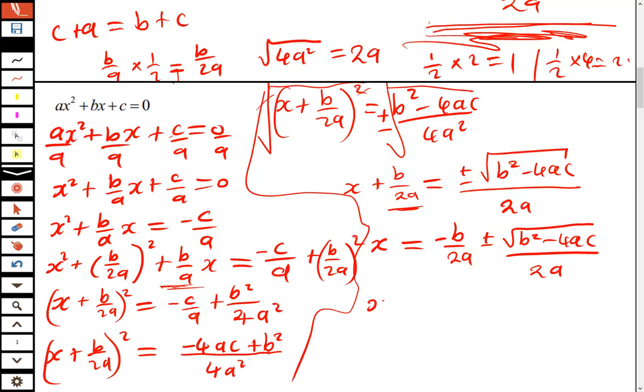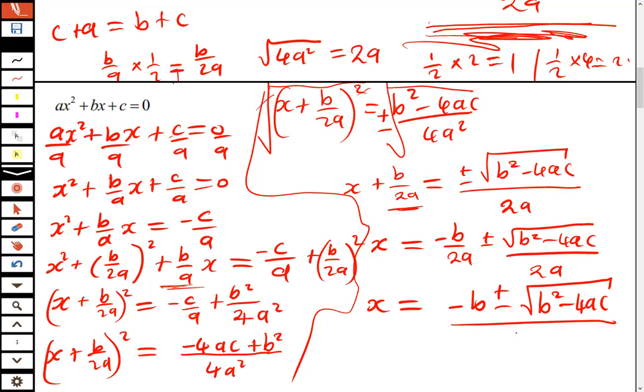So from there, remember, according to the rules of mathematics, if you're adding or subtracting two numbers which have the same denominator, you can just add or subtract the numerators. So we just combine the numerators there. In the numerator, we have negative b plus or minus the square root of b squared minus 4ac.